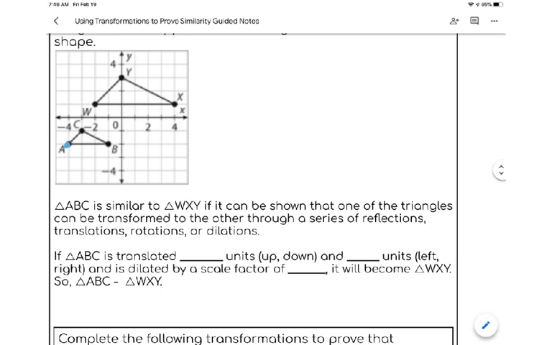Let's just say A. We're trying to get point A to point W. So 1, 2, 3. We went 3 units up. And 1, 2 units to the right, to get that onto its corresponding point, which is W.